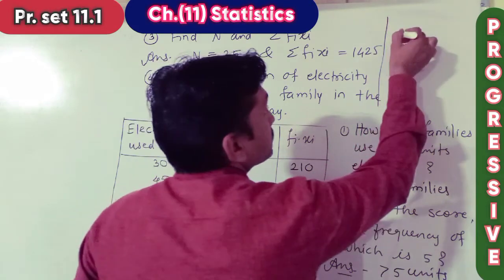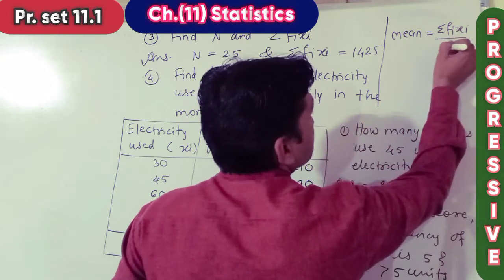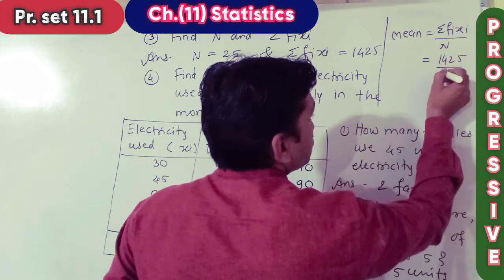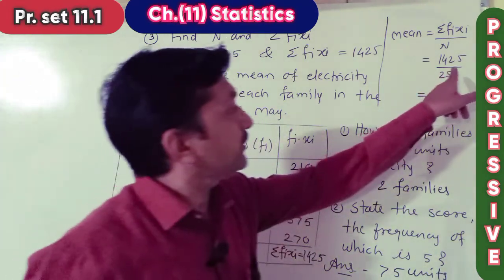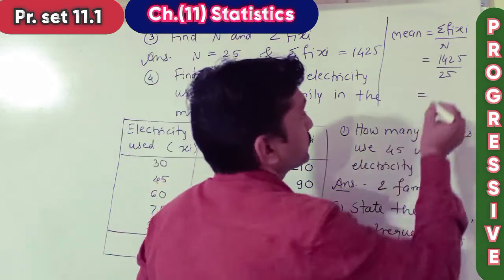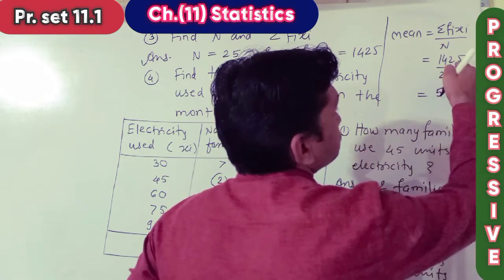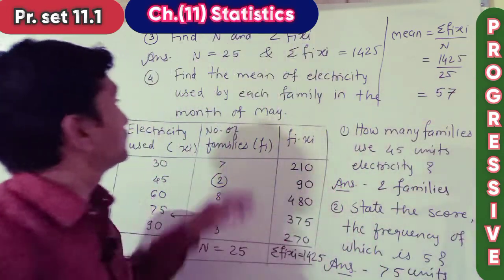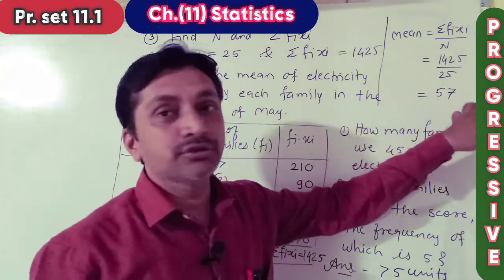Mean is equal to sum of fi xi upon n, that is 1425 upon 25. Now let's divide it. 25 4s are 100, 25 5s are 125, and then 7. Therefore the mean of electricity used by each family in the month of May is 57 units.